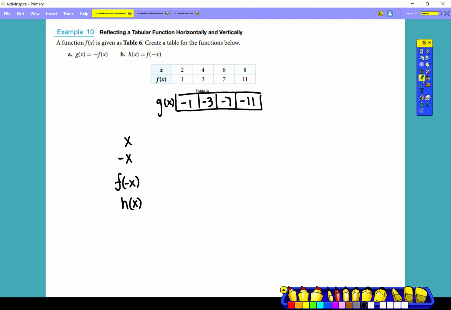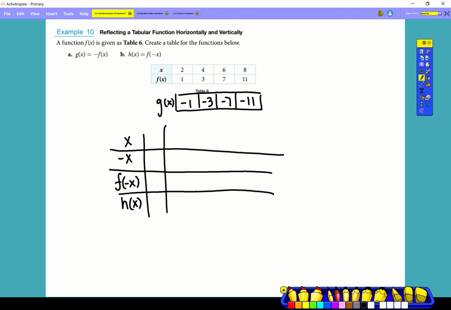Okay, so there's 4 of them. There we go. Okay. So remember, when we do something inside like this, we're going to now make these x's the negative x so that we can keep these values since we're only changing it in the x's.